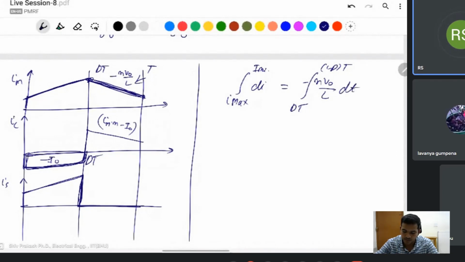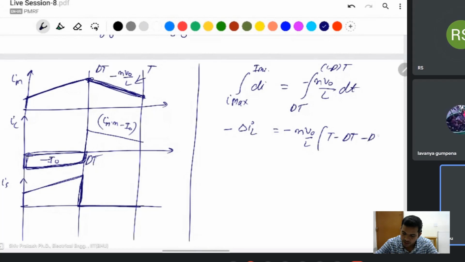Then minus delta IL equals minus n V naught by L into (t minus dt). Minus minus are cancelled out, and it is V naught divided by L into 1 minus 2 dt.